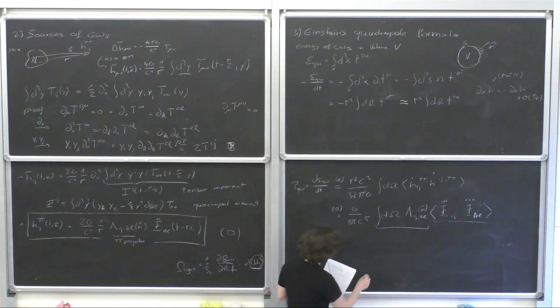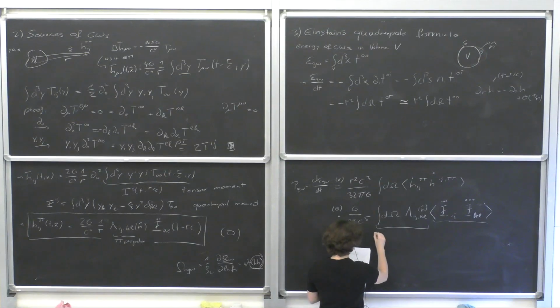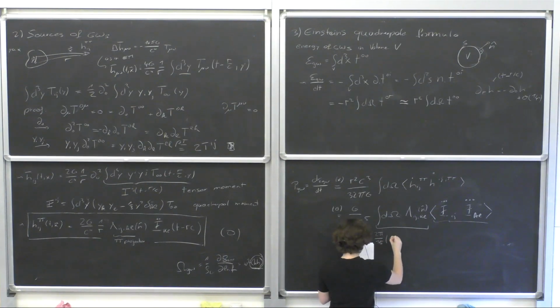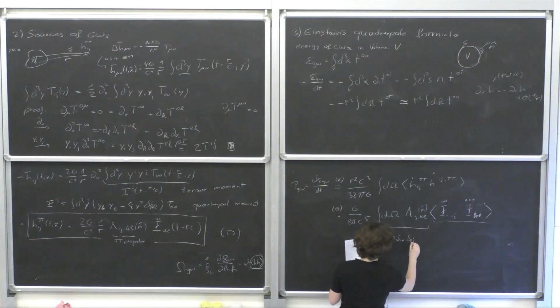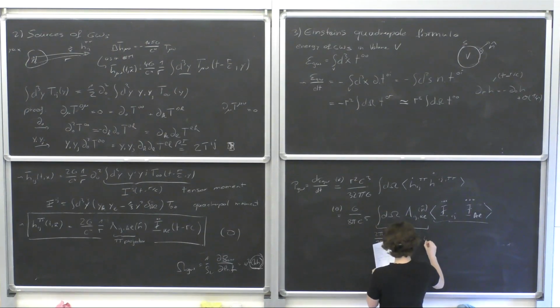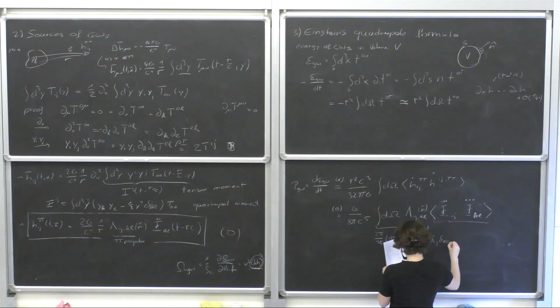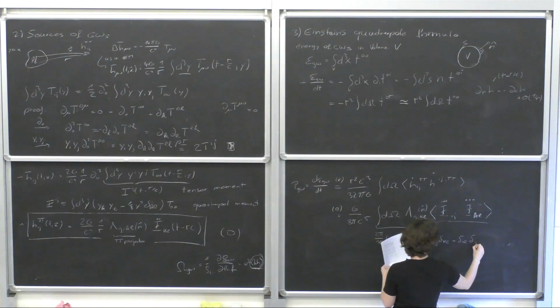Yeah, I can give you the result, but it's not very insightful. It's 2 pi over 15, 11 delta_ik delta_jl minus 4 delta_ij delta_kl plus delta_il delta_jk.